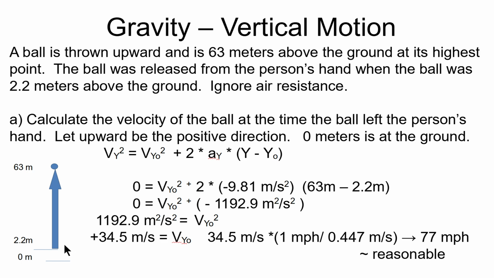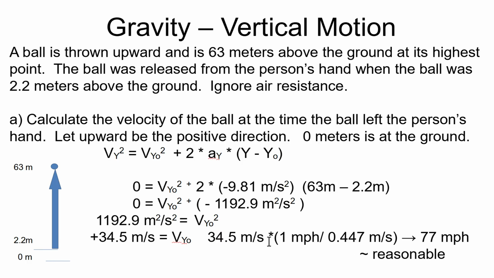We're finding the initial velocity at the time of the launch. So it has magnitude of 34.5 meters per second. It has a direction of positive. And let's just see if this is a reasonable number. So converting this to something I'm more familiar with, miles per hour, 1 mile per hour is 0.447 meters per second.